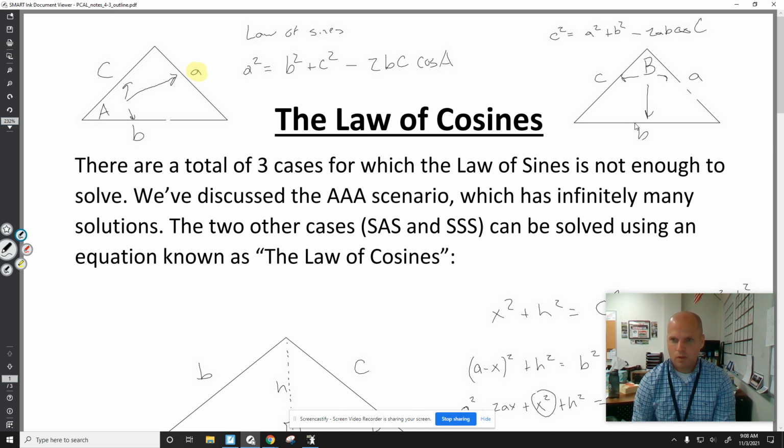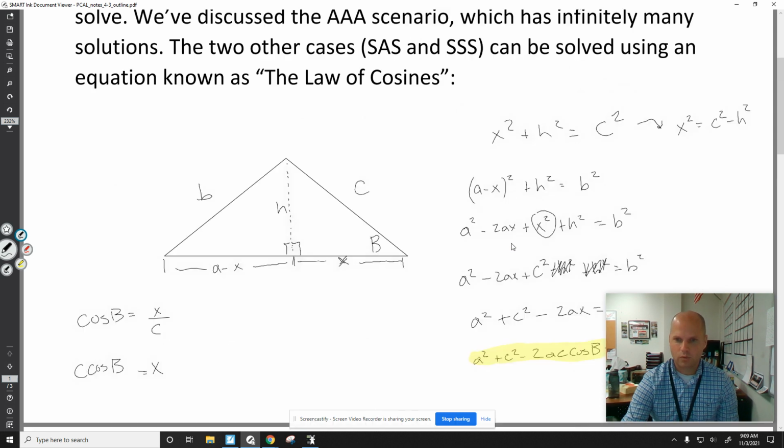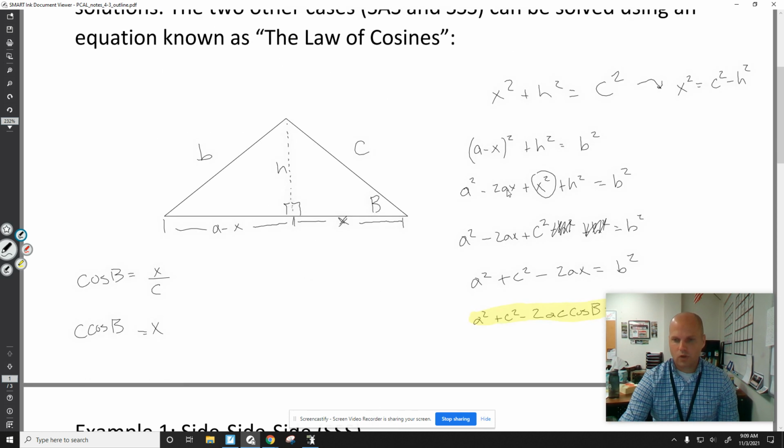This is the one that is equal to, you see B squared equals, I'll write A squared first plus C squared minus 2AC cosine angle B. That's B squared equals A squared plus C squared minus 2AC cosine B. Okay, so that's the law of cosines. The law of cosines comes from the Pythagorean theorem in an oblique triangle using two right triangles.